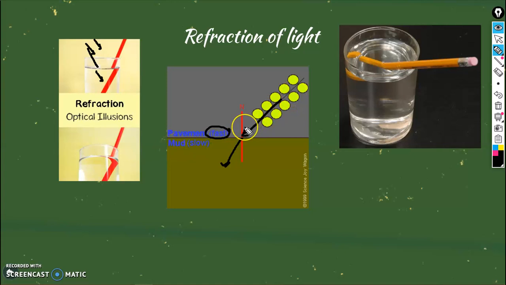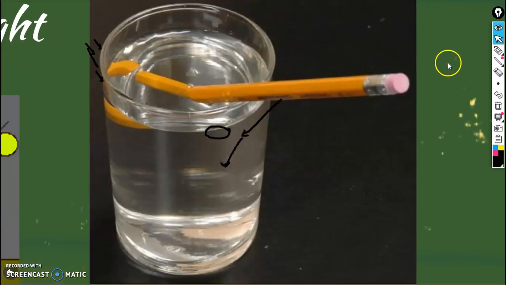So from fast traveling to slow traveling. That's why we see the pencil or any other object seem to be broken or bent, as in this picture also.